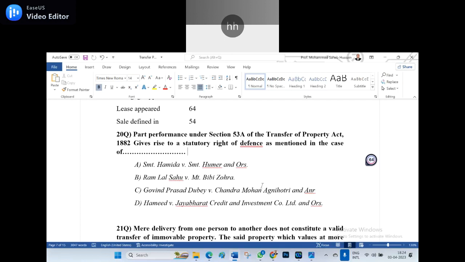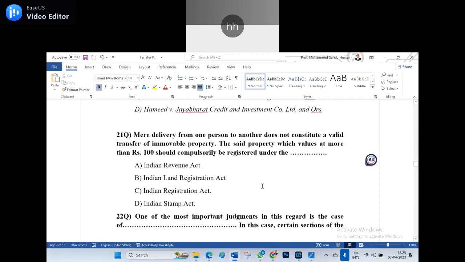D. Hamid versus Jaya Bharat Credit and Investment Company and others. C is wrong. B, Ramlal Sahu versus Bibi Zohra, is the right answer.